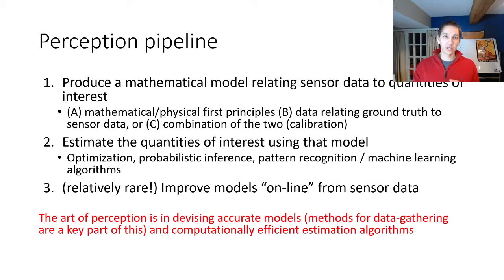Now, to do well in perception, we have to devise accurate models, gather data to train or estimate those models accurately, and also develop computationally efficient algorithms for this estimation process, step 2.